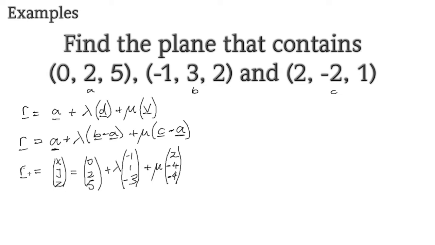With this, we can rewrite this whole thing R into 3 equations. So just take the x components. X is equal to minus lambda plus 2 mu. Y is equal to 2 plus lambda plus negative 4 mu, etc. So let's do that.